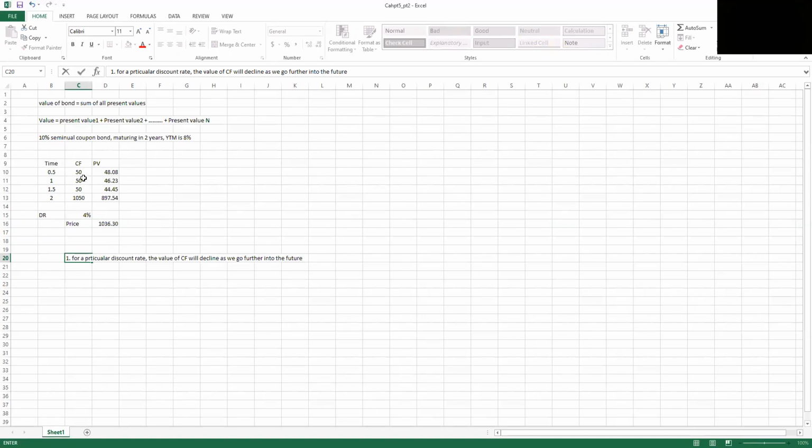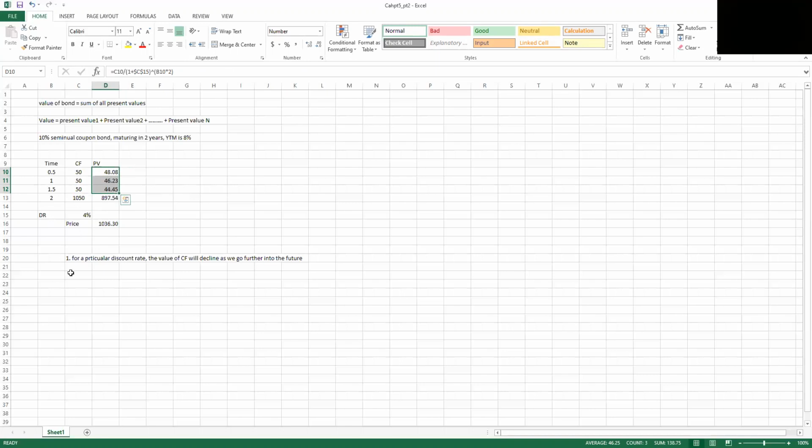As you can see, the cash flow is constant, 50, 50, 50, but its present value is declining: 48, 46, 44, and so on. So that's the first important property.